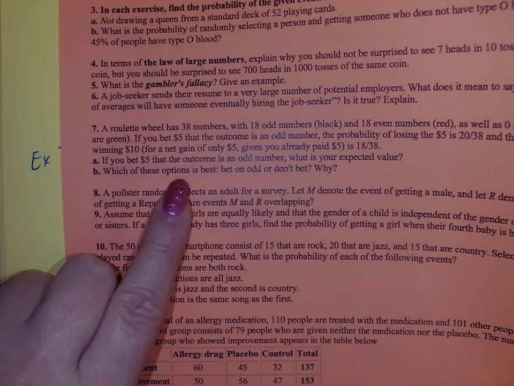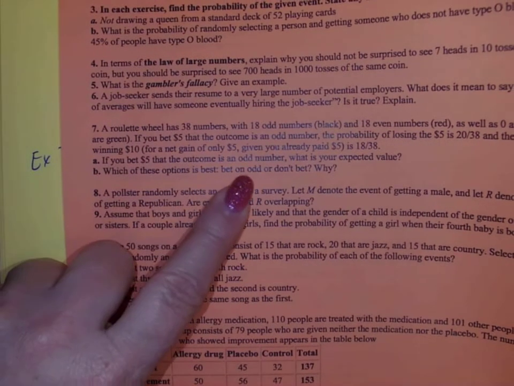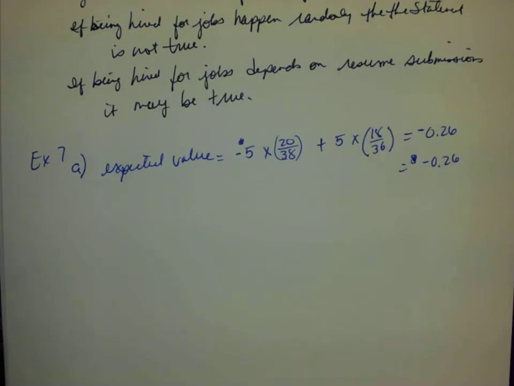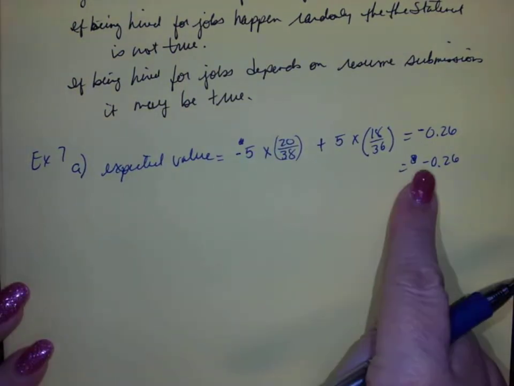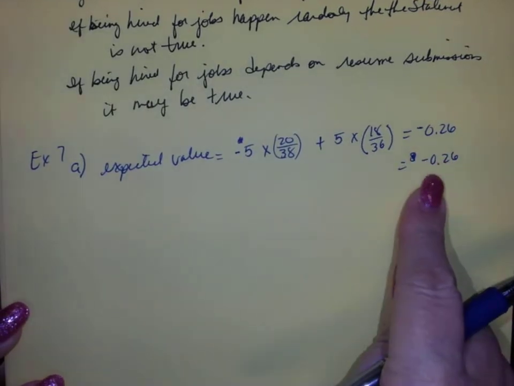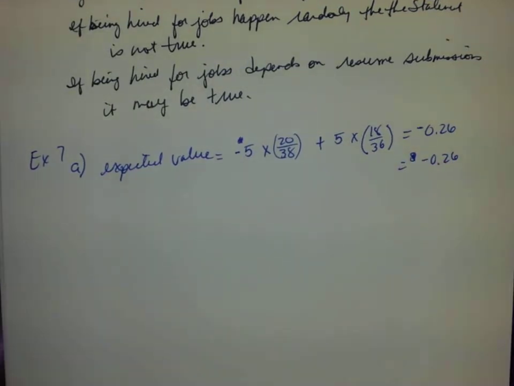So which of these options is best? Should we bet on odd or don't bet, and why? Well, if we're just looking at what the outcome is, you're going to lose 26 cents for the expected value of it.